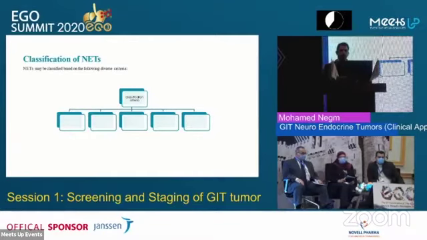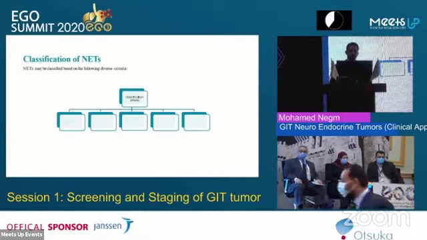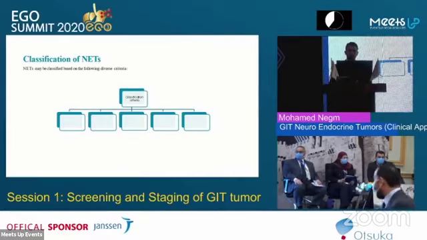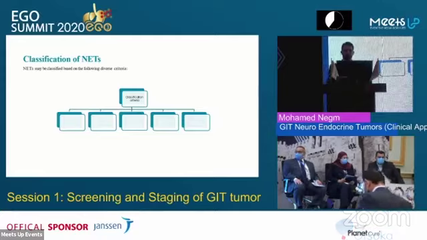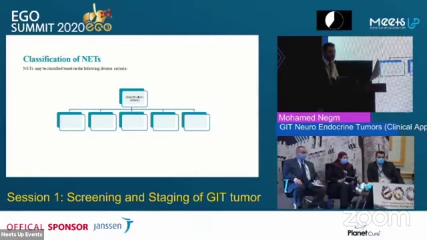What we are trying to target in this lecture is to formulate an algorithm for how to diagnose and how to manage neuroendocrine tumors. For us to do this, we need to classify neuroendocrine tumors, and upon this, we will know how to manage them.